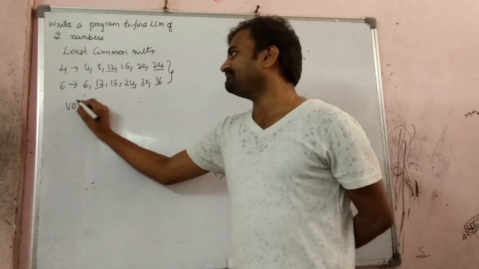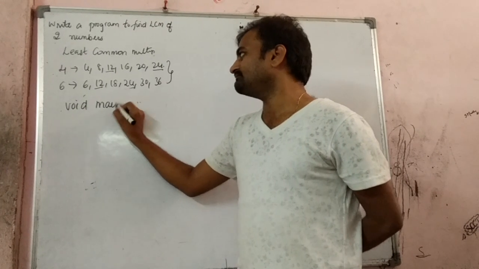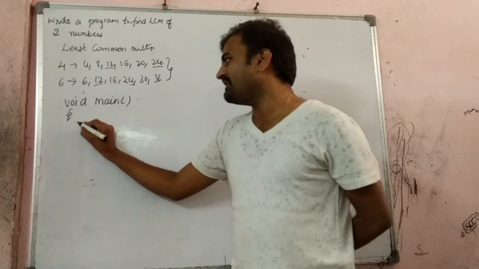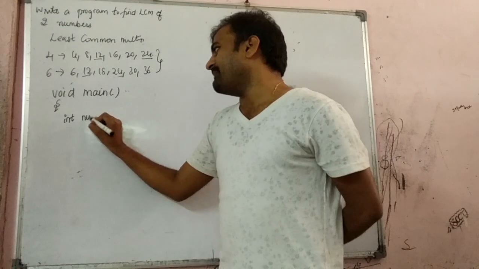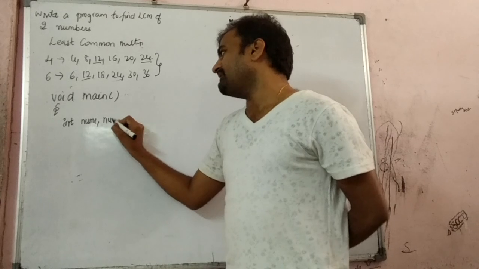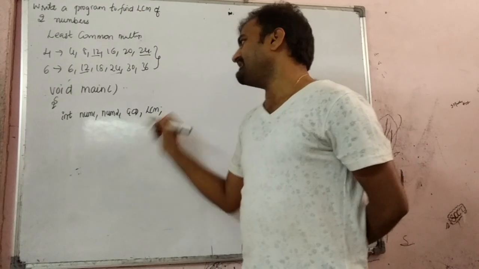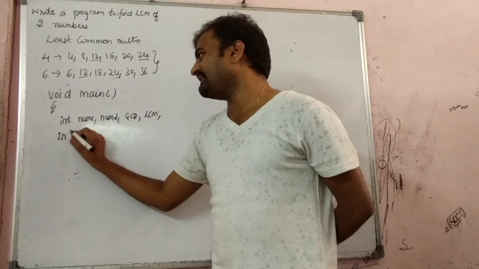Void main. Our variables are: int num1, num2, GCD, LCM, and next int i.